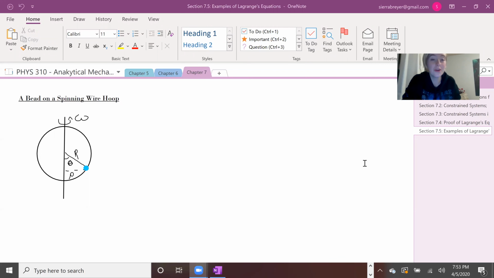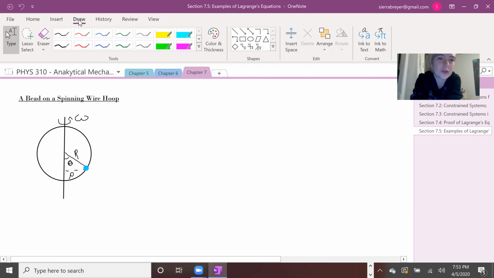But the point of this, luckily, is to see that it's not that annoying. That's really all this section is showing us. We thought it was annoying. Turns out it's not.